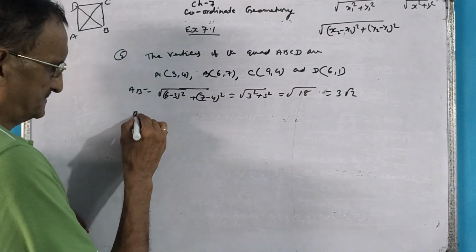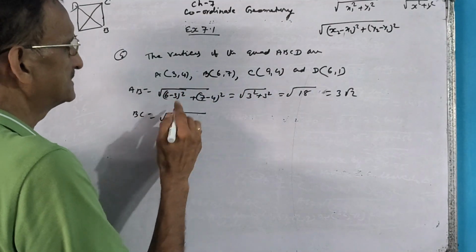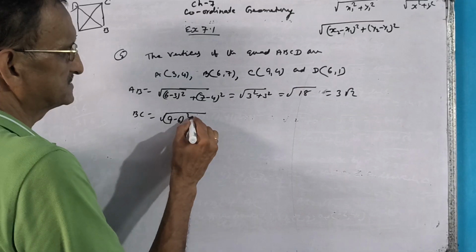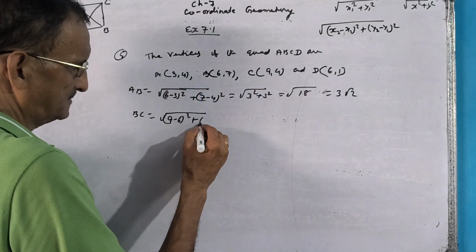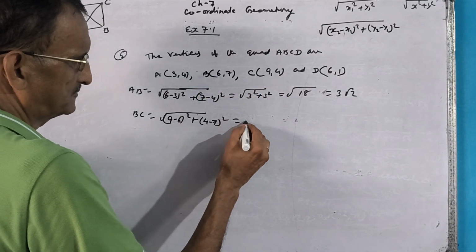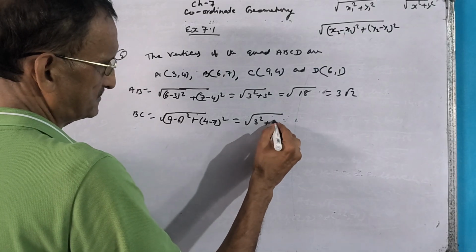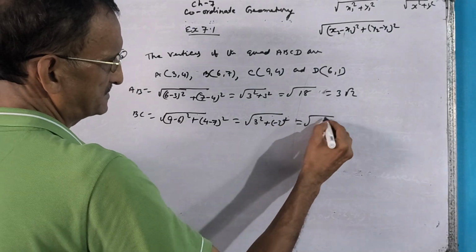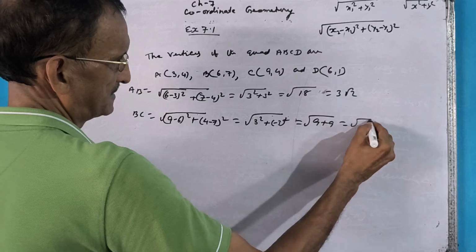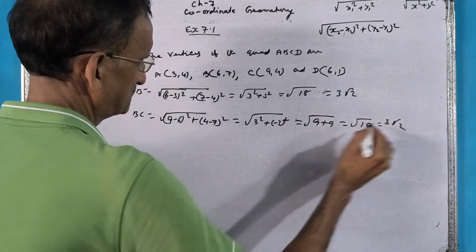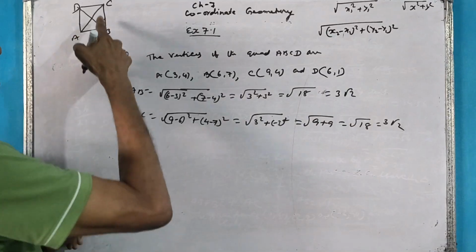Then find BC. What is BC? Square root of (9 minus 6) whole square plus (4 minus 7) whole square. This is 3 square plus minus 3 whole square. It will be 9 plus 9 only, 18, which is 3 root 2. Then after AB, BC, then CD.